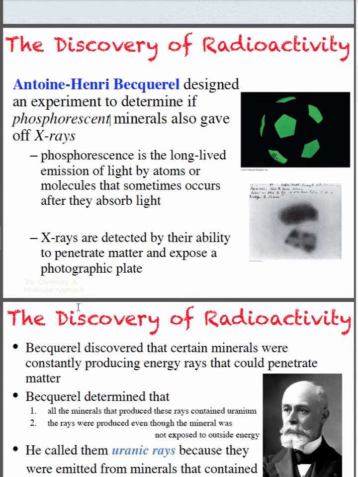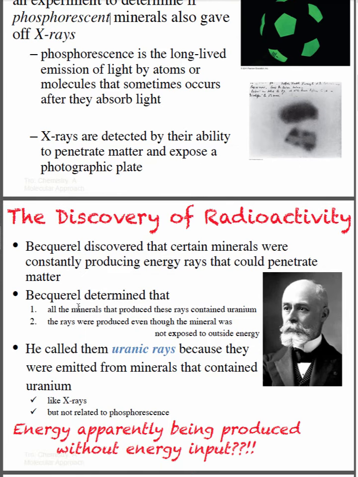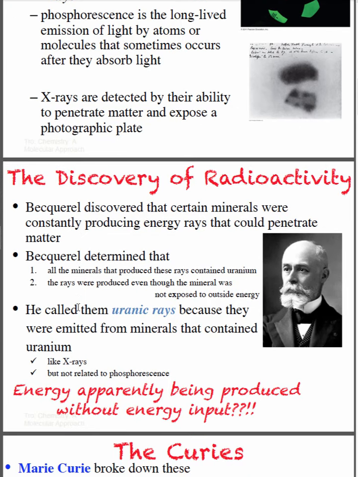So Becquerel was trying to figure this out, and he indeed decided that almost all of the radioactive rays they knew of at the time came from uranium products, uranium ores, uranium materials. It seemed like energy was being given off from a rock, and they didn't know where the energy was coming from.